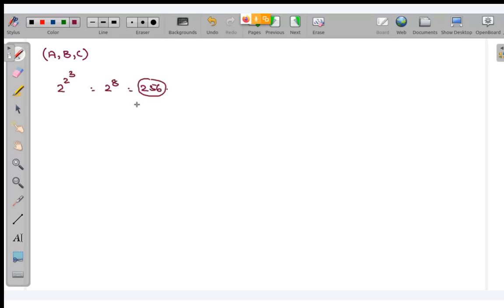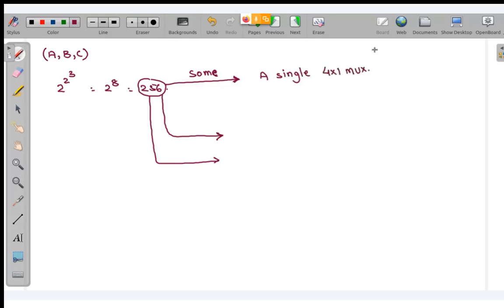So I can construct some of these 256 functions using a single 4 cross 1 mux.